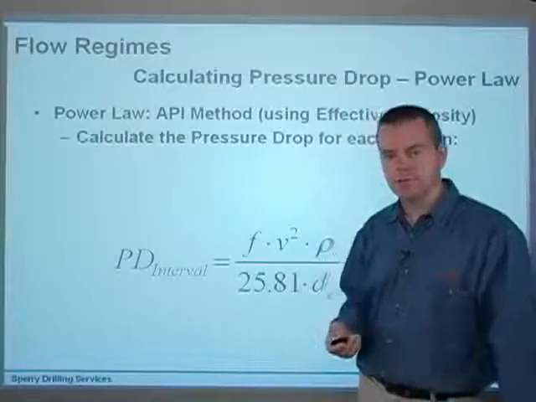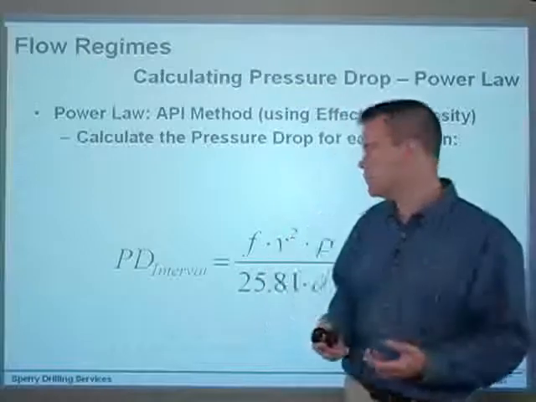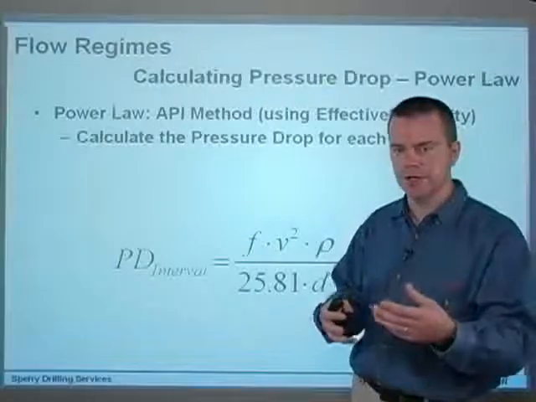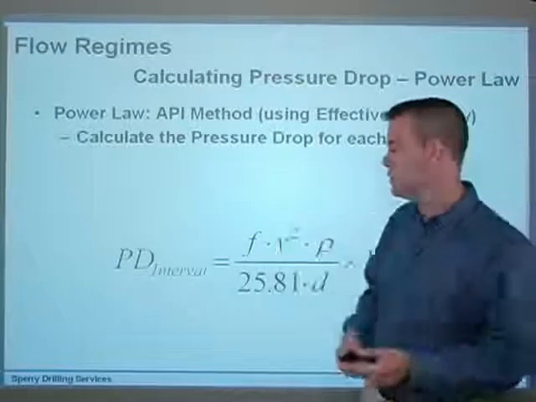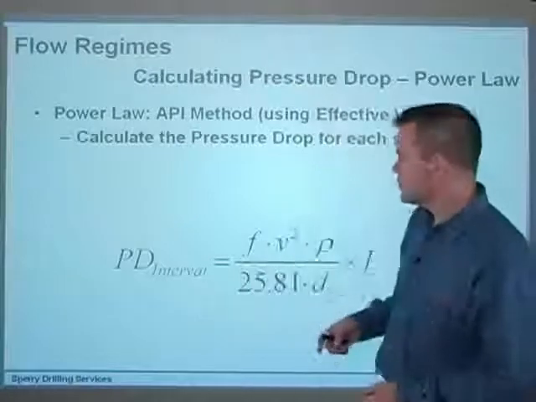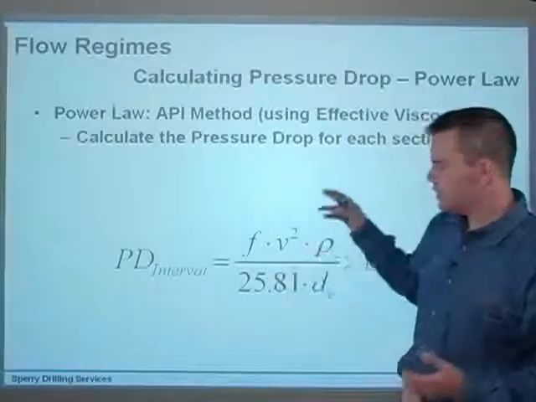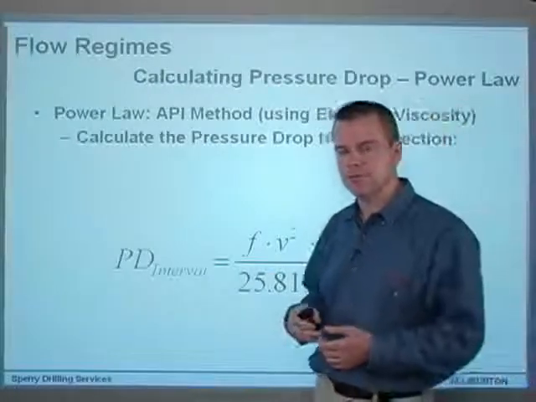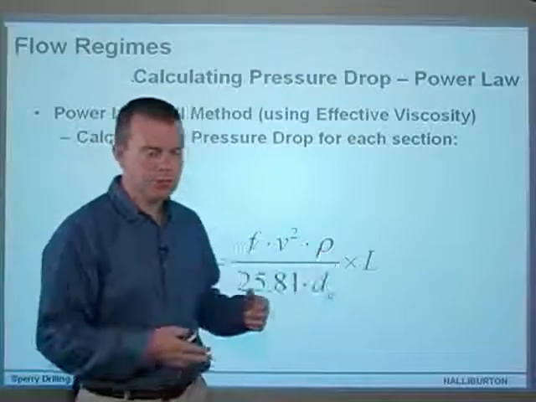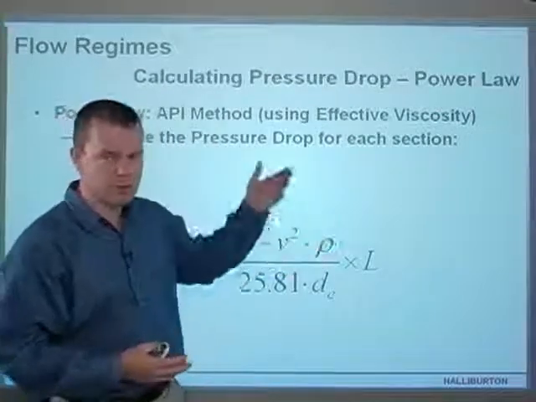Now, once you've worked out the fanning friction factor for each individual section of the wellbore, all the internal sections depending on their diameters, and all the annular sections, you can then work out the pressure drop over each of these intervals. You put your fanning friction factor for the interval into this equation, multiply by the square of the fluid velocity in that section, and your density. If you were doing this by hand, you would probably be using a constant mud density.